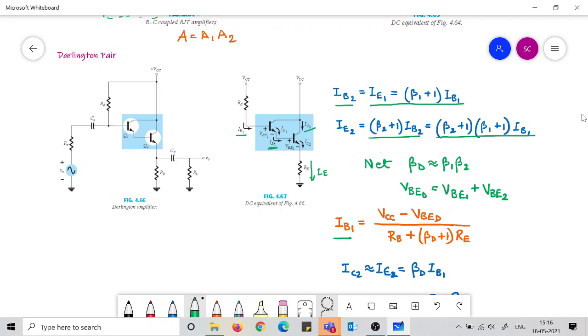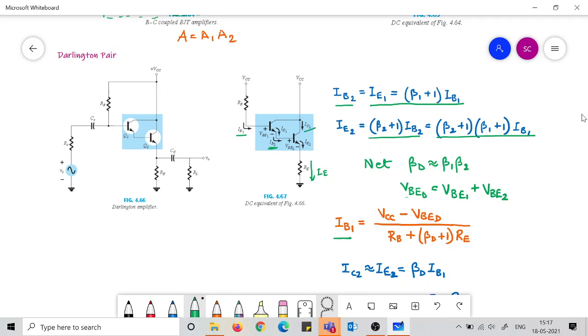If we use the KVL in this particular loop, then VCC minus IB1 RB minus VBE1 minus VBE2 minus IE2 RE will be equal to 0, and we have a relationship between IE2 and IB1. We use that, and this VBE1 drop added with VBE2 drop, we can denote together as VBD.